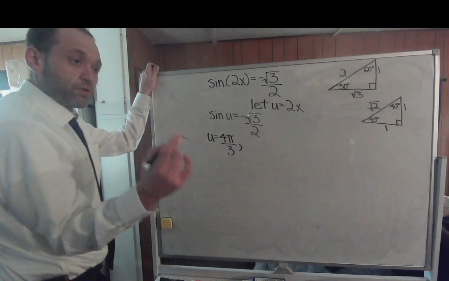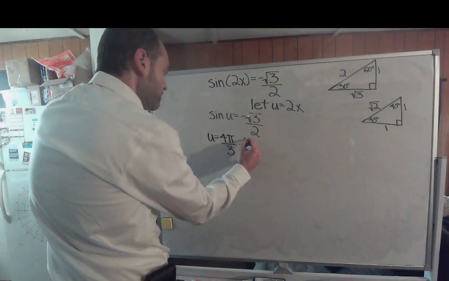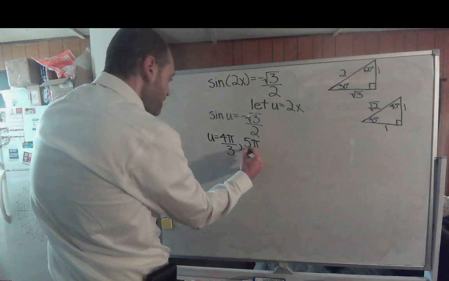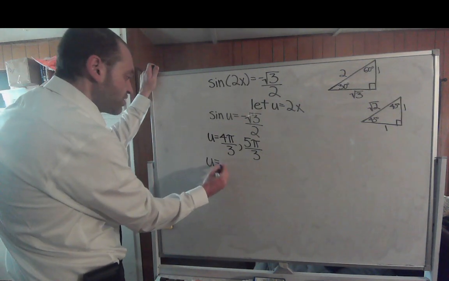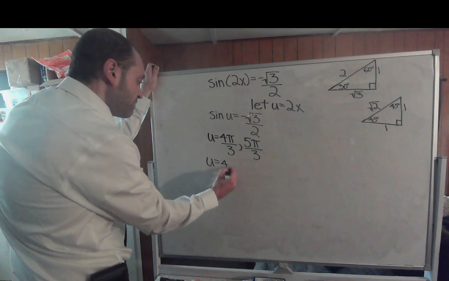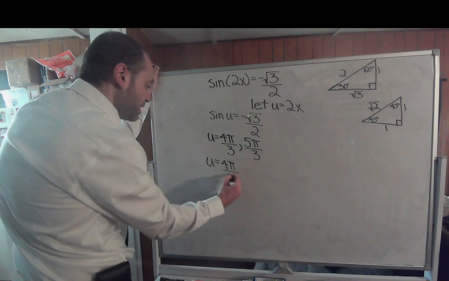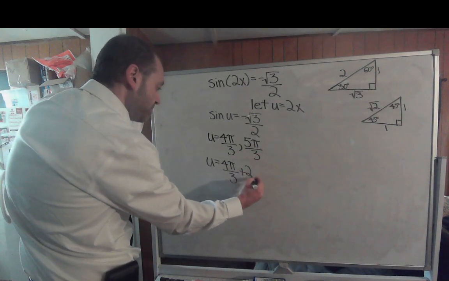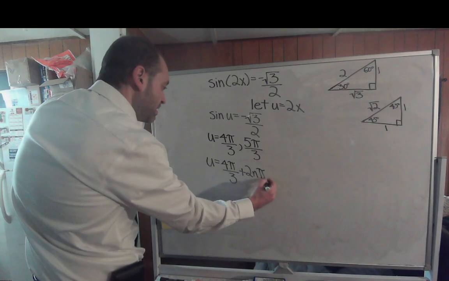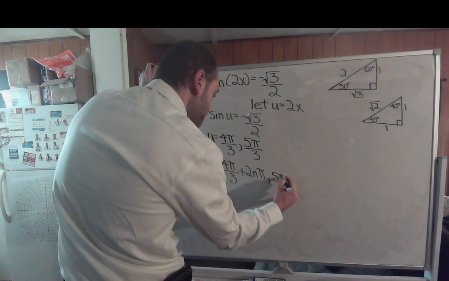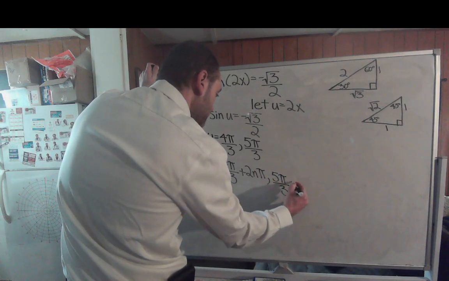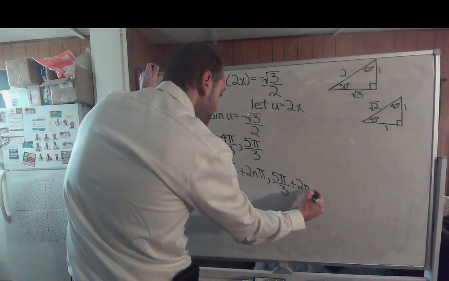And then in the fourth quadrant, it would be 5 pi over 3. And sine has a period of 2 pi, so it would be 4 pi over 3 plus 2n pi, and then 5 pi over 3 plus 2n pi.